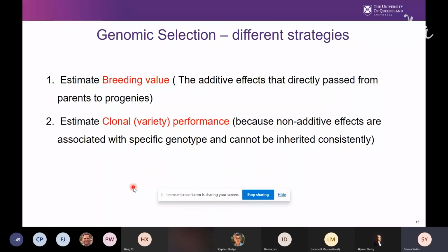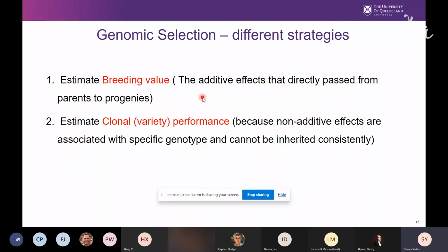With genomic selection, there are different strategies we can apply. First, we can estimate the breeding value of a parent which is going to be entered in the next selection cycle. Breeding value means the additive effect that is directly passed from the parents to their offspring.